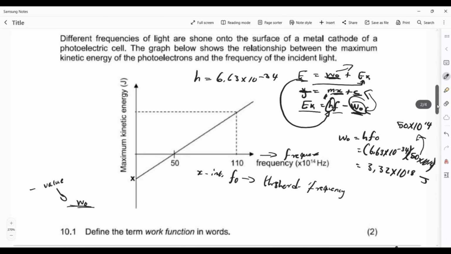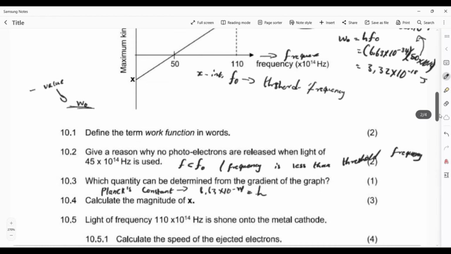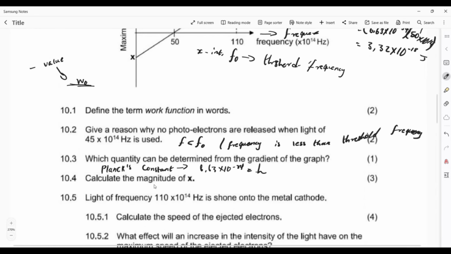Is it to the power 18 or 15? It's 18. Oh, negative 18. Sorry about that. Negative 18 joules. I was still wondering why it came back as a positive value, and I just realized that the question said calculate the magnitude.